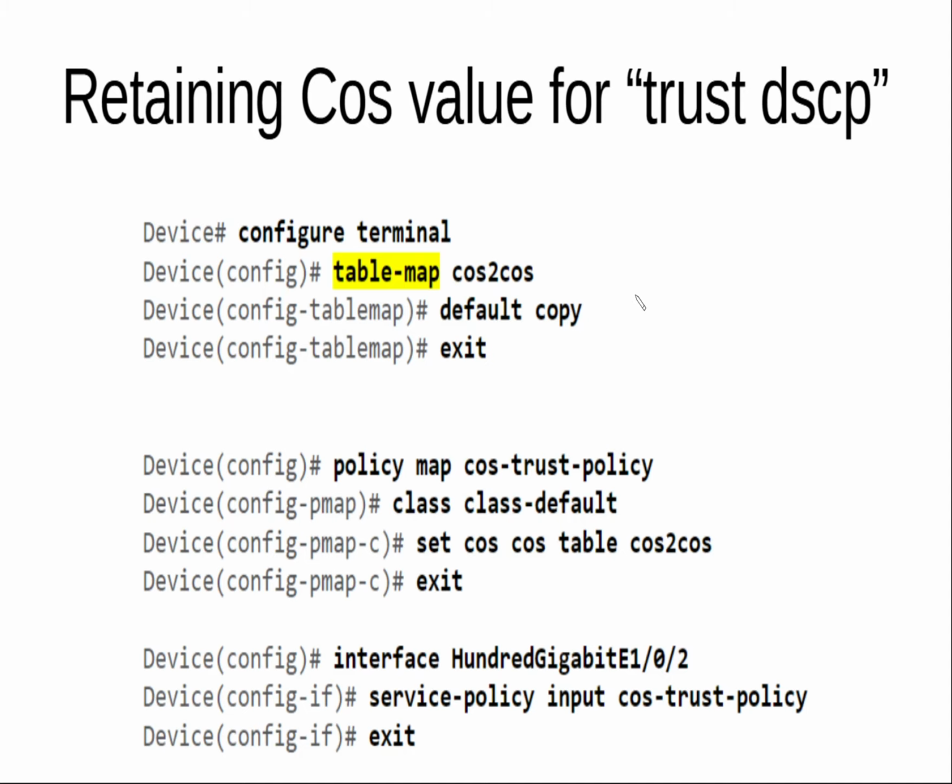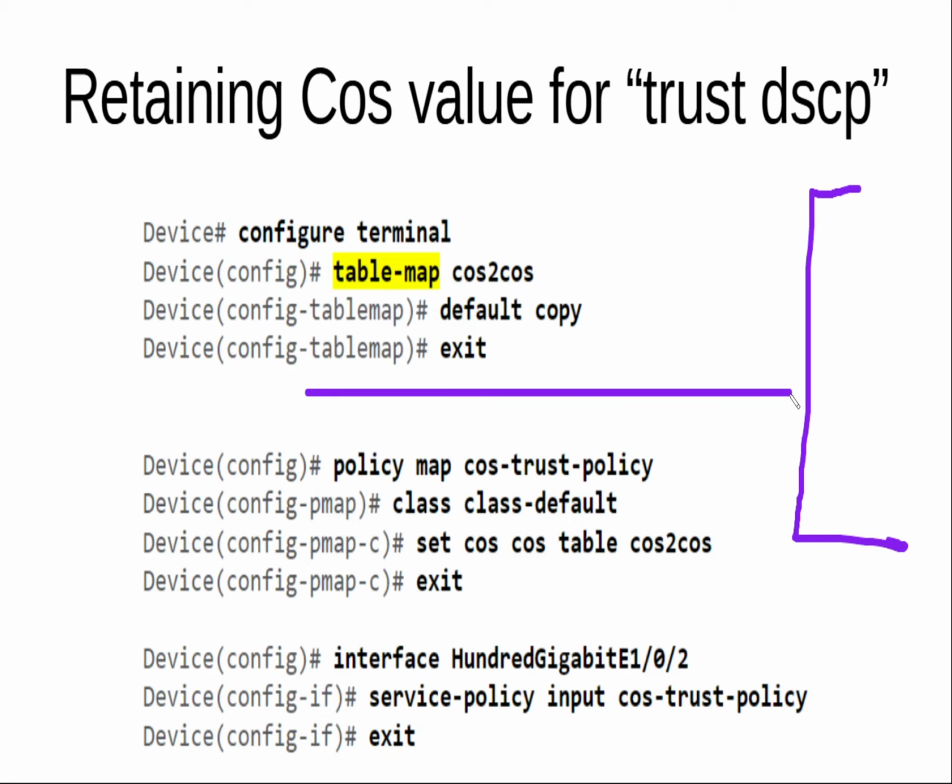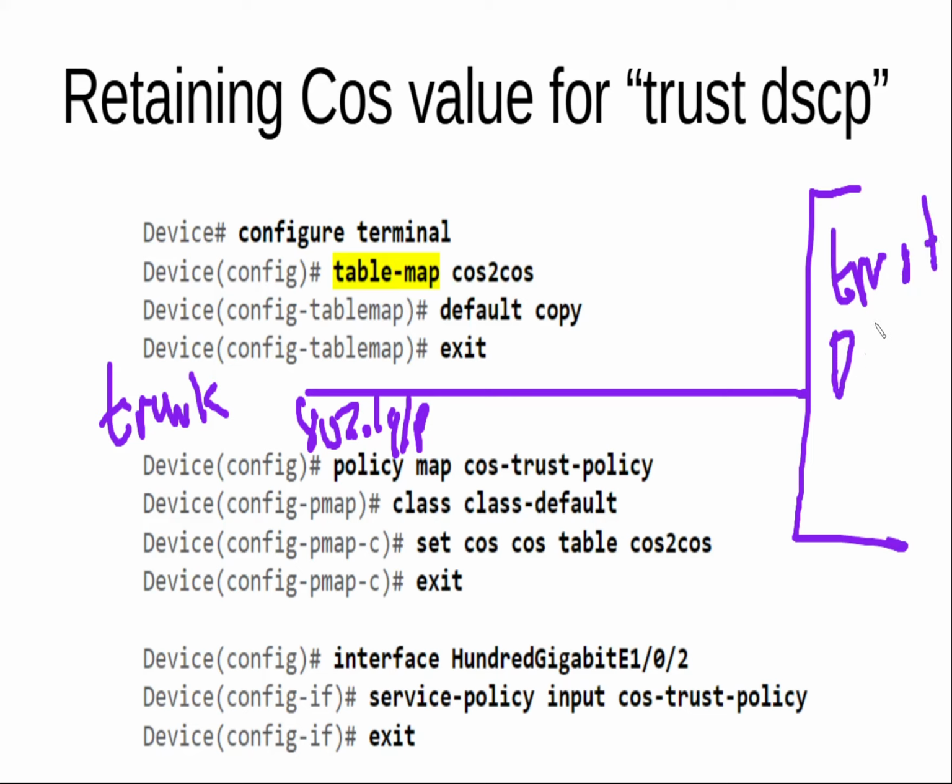In this case, we have something similar. We are going to see what happens if I have a port that is connected to a trunk here. And so we are using the 802.1Q/p protocol, and I am trusting DSCP.